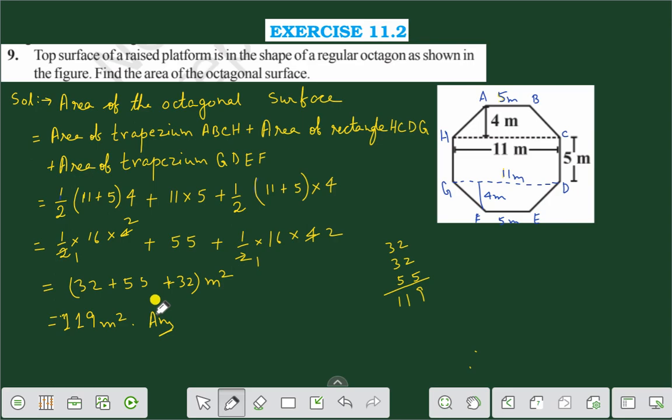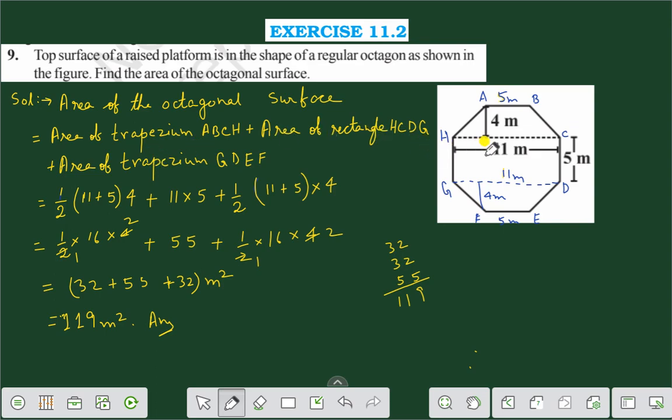Right? 119 meter square. Let us repeat once again. Here you see, this is the octagonal surface. This is given as 11 meter. Since this is a regular octagon and this is 5 meter, it is also 5 meter. And the height is given as 4 meter. In the same way, this is 11 meter, this is 5 meter, and the height is 4 meter. Therefore, the area of the octagonal surface is the area of this trapezium plus area of this rectangle plus area of this trapezium.